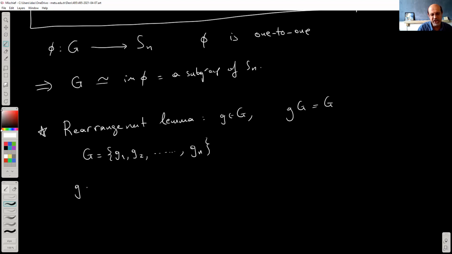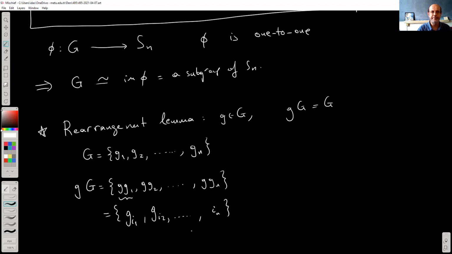In that case, g multiplied with G, we have said, is the set of these products. We have argued before that all of these entries are different from each other. So as a result, what you get is the same group, but arranged in a different way. So for example, this entry in here is the group element in the i1th place, this is the group element in the i2th place, and so on. This is the group element in the i-nth place.